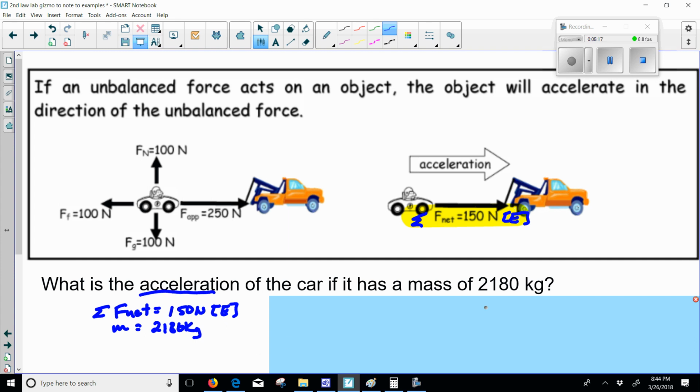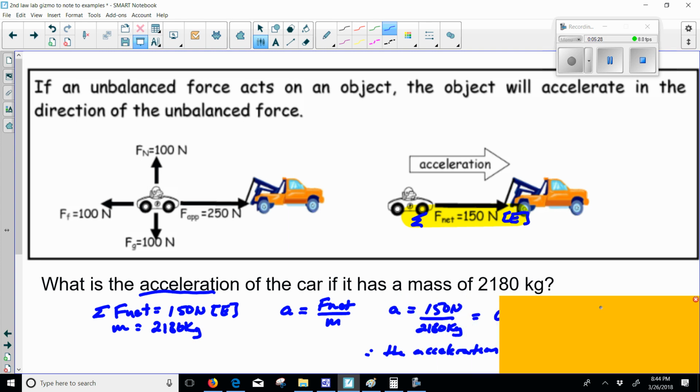I've got my equation for the second law: the acceleration is equal to the net force over the mass. I know both those values, so I can substitute them in here, and now we can find how much we're actually accelerating. It's a really neat application of this particular law. So then you have an acceleration of 0.069 meters per second squared to the east. Now we know how the motion of the vehicle is going to be changing.